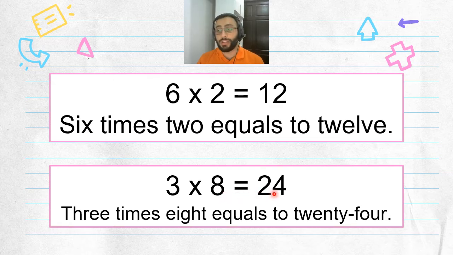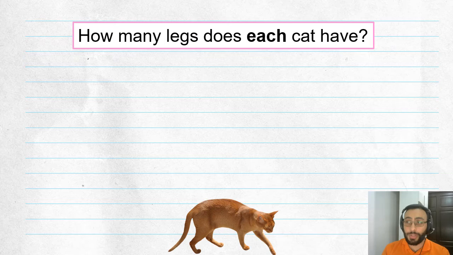Or we can write it down as 3 times 8 equals to 24. Easy. This is multiplication. Let's see some other examples.